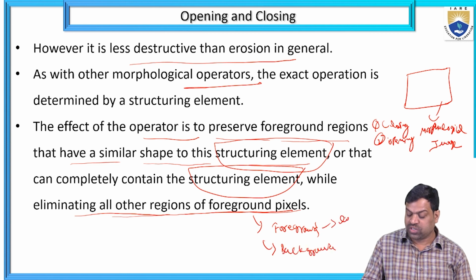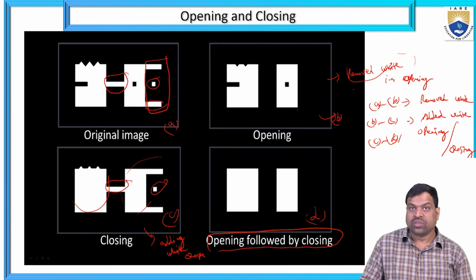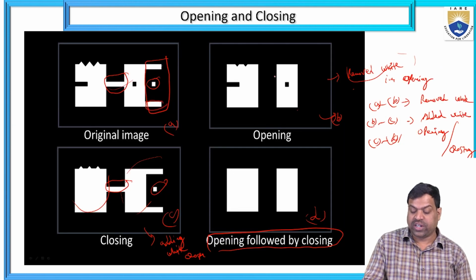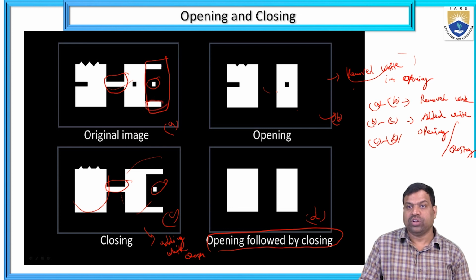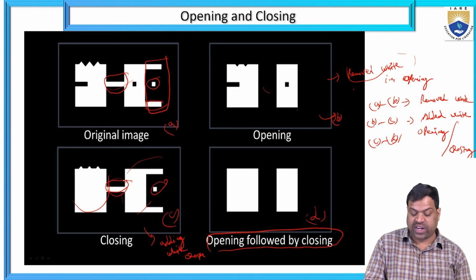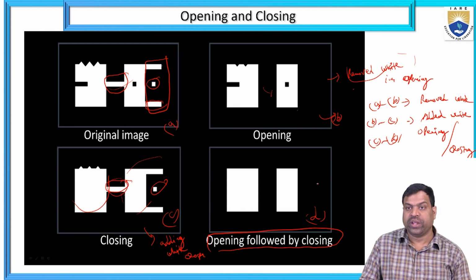Foreground is for closing, background is for opening. So in the original image with opening, unwanted white is removed, and here white is added. Here removed and here added. Here finally, opening of the image with respect to the closing.